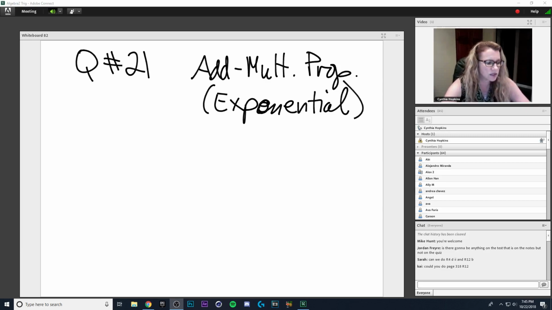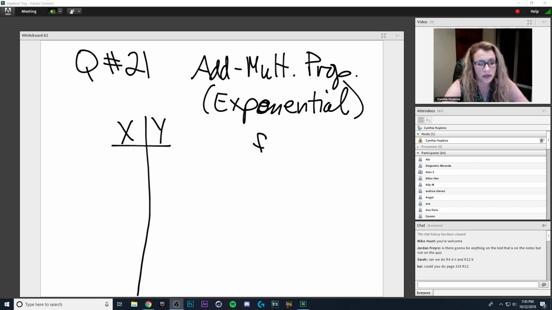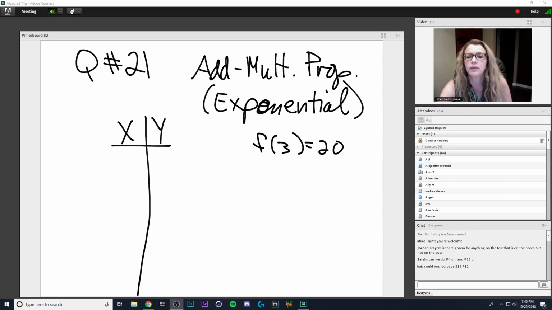So number 21 says assume f is an exponential function with f of 3 equaling 20. Let me make my xy table here. Okay, so let me make this comment. F of 3 equals 20. Some people are going to get the 3 and the 20 in the wrong place when they go to write their XY table. And so we're up to 64 people, you guys.